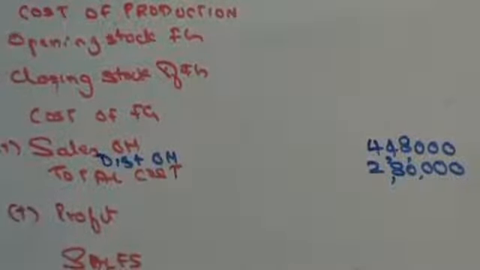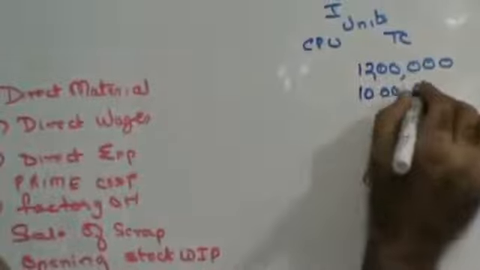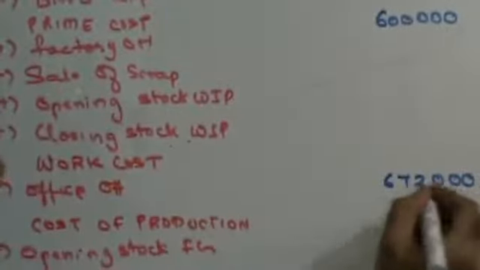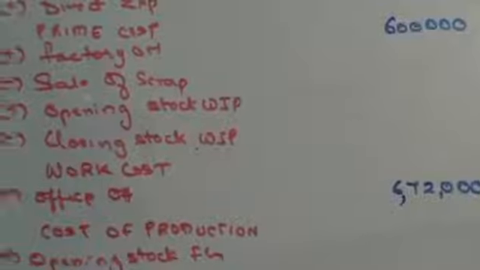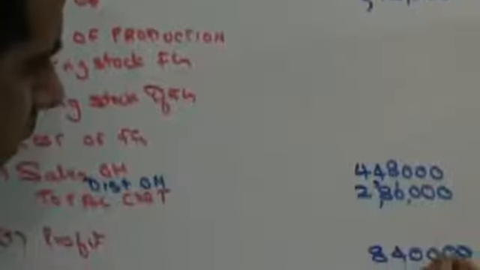Next, direct wages is 10 lakhs. Administrative overheads is 6 lakh 72,000. Next, profit is 8 lakh 40,000.